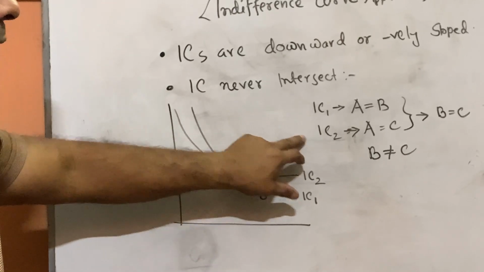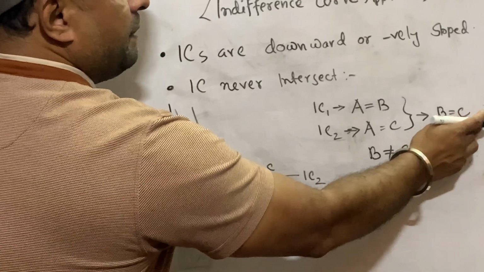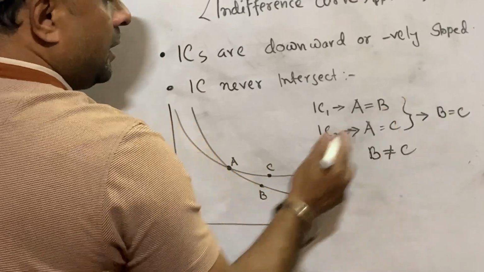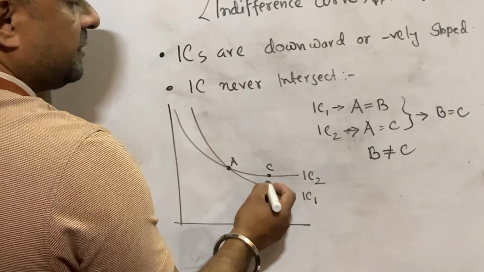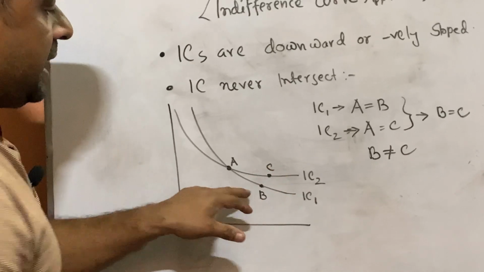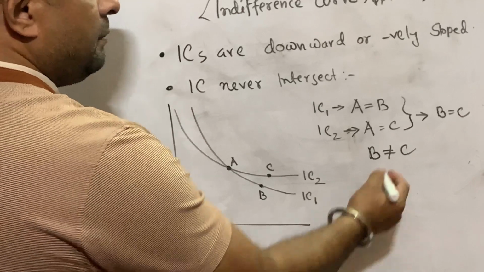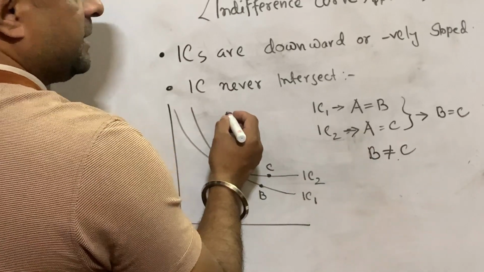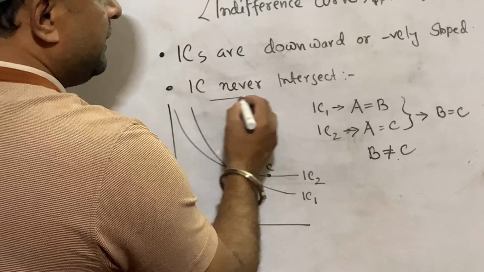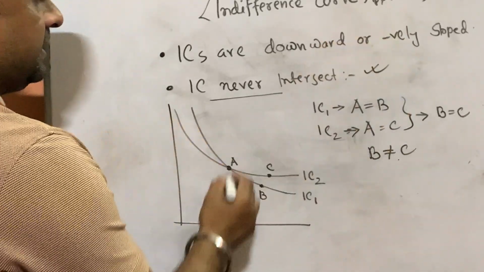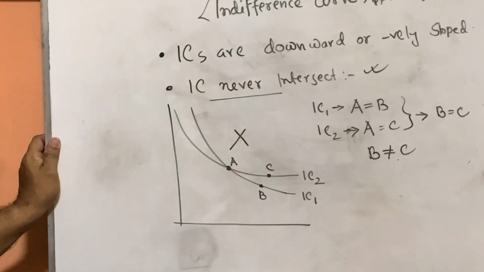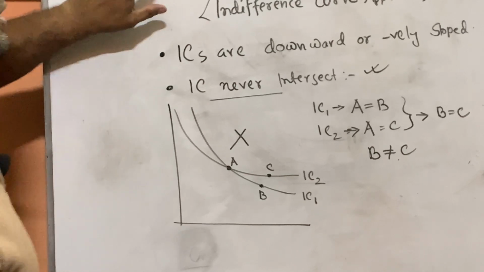But according to this, we are getting B equal to C. But in general, it is never possible because B provides less satisfaction compared to C, because B lies on the lower indifference curve. Means our assumption was wrong, because B can never be C. So our assumption was wrong, means two indifference curves never intersect. This type of situation will never arise. Okay. So this is about our first unit.